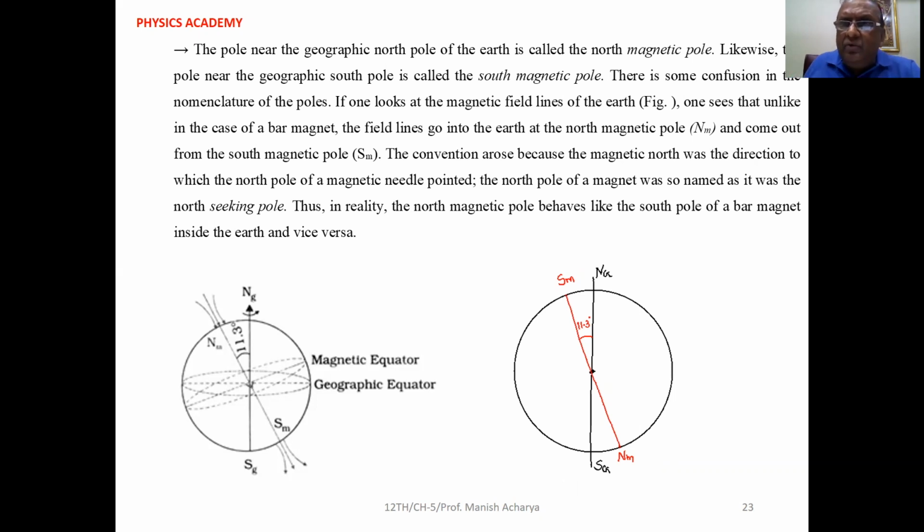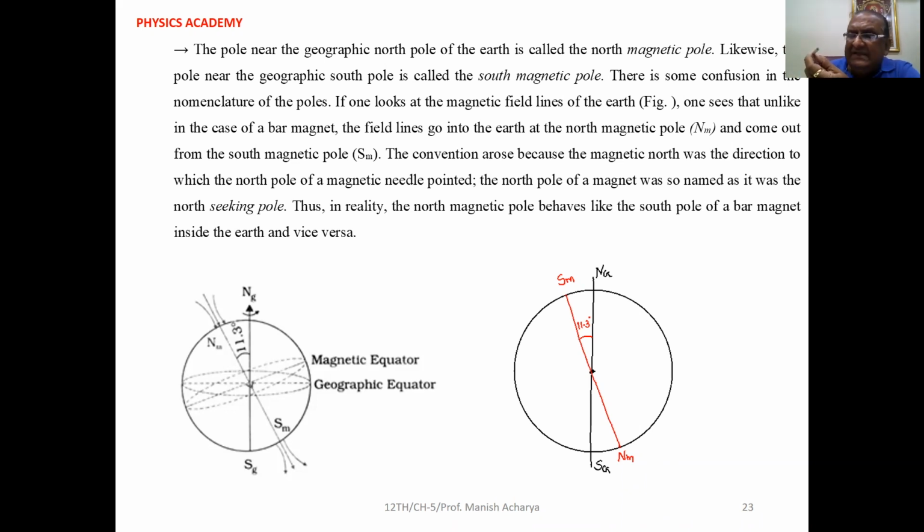And you can justify this also like this. When we place any magnet in the Earth's magnetic field, the north pole of that bar magnet always aligns towards the geographic north, and the south pole of that bar magnet always aligns towards the geographic south pole.